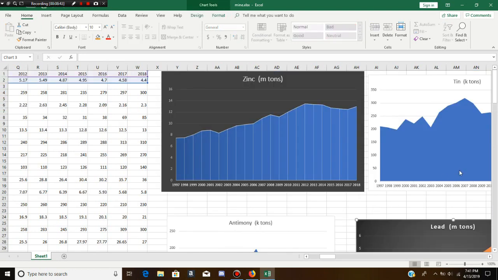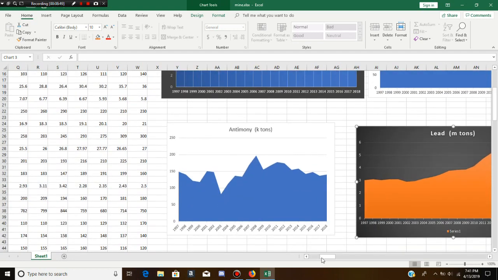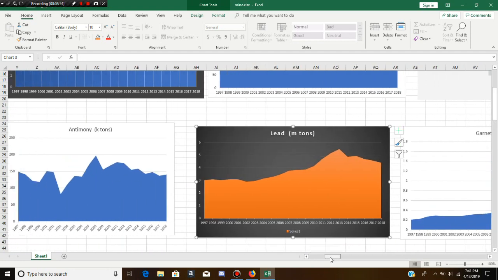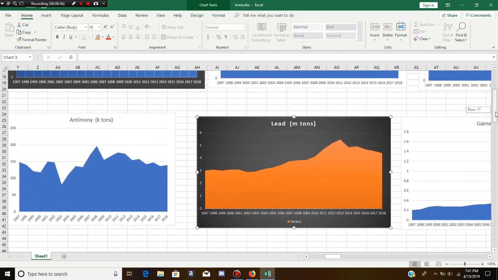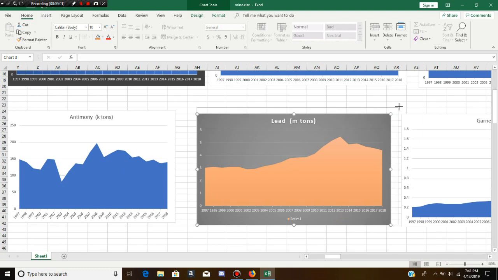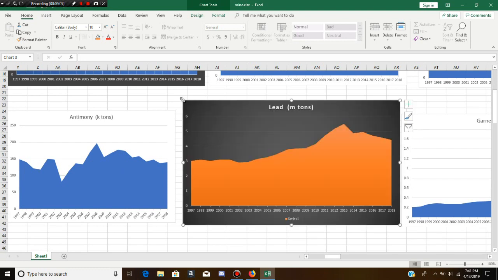We will start with these one by one. So I'm going to take a look at lead. And I'm sorry I did not colorize all of these and make them all too visually appealing. But start with lead here. Let's amplify the size of the graph just a little bit, make it a bit clearer.